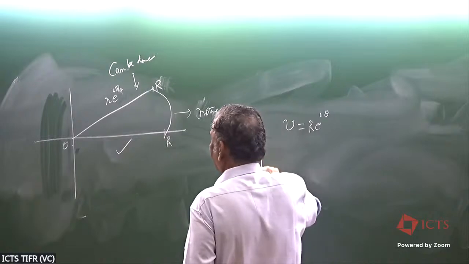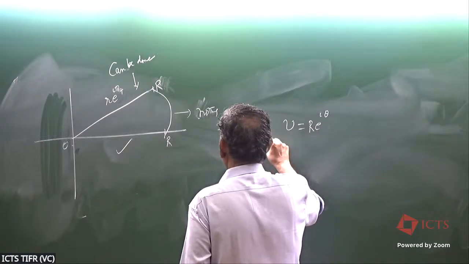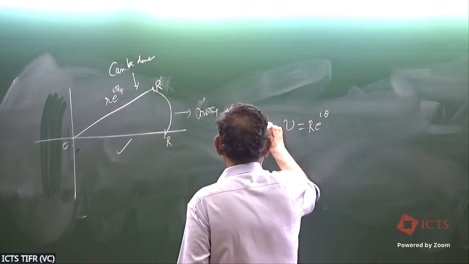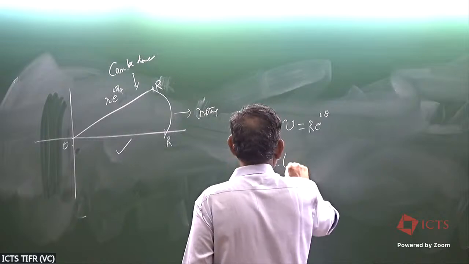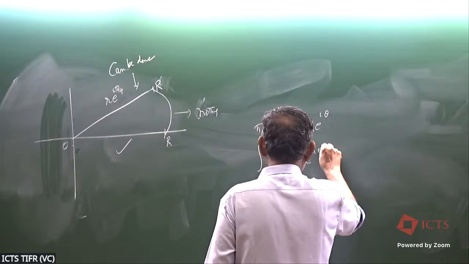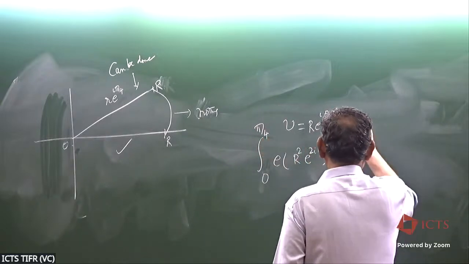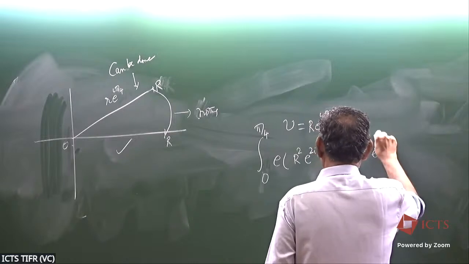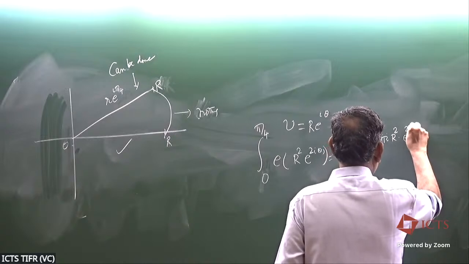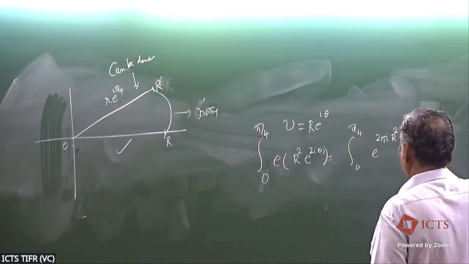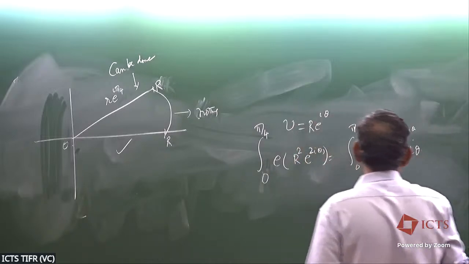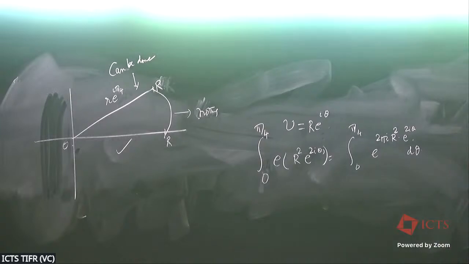And therefore, this is the integral from 0 to π/4 of E of R² e^{2iθ}, which is, as John says, better to write what you are writing: e^{2πi R²} and then e^{2πi 2θ} dθ. Yes, R e^{iθ}, correct.